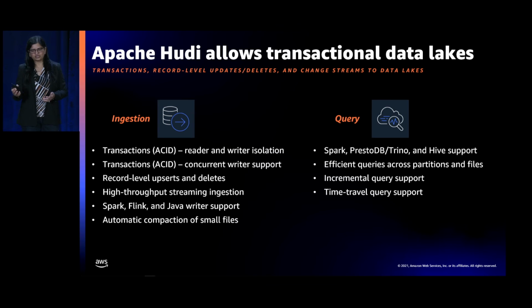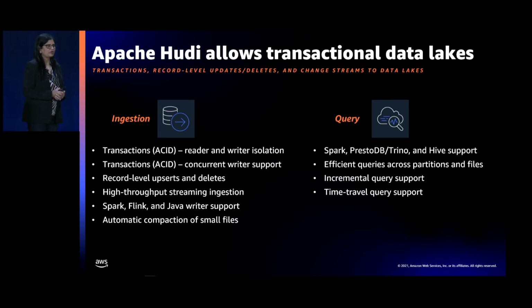And then when it comes to the query part, you can run your queries against Hudi tables using Spark, PrestoDB, or Trino, and we also have Hive support available to read Hudi tables. The queries are run efficiently across partitions and files, and this is because of the way Hudi indexes your records within S3 partitions. That makes it very easy to locate the records and the files that your query is interested in.